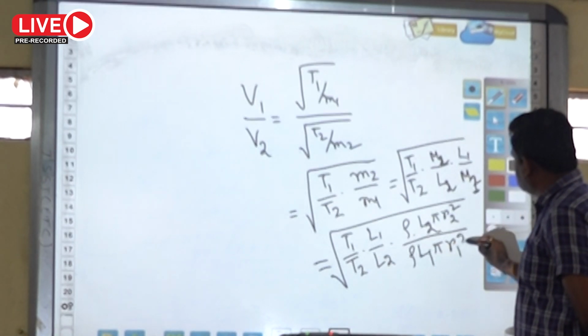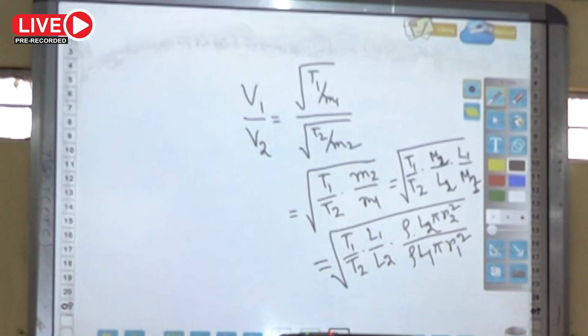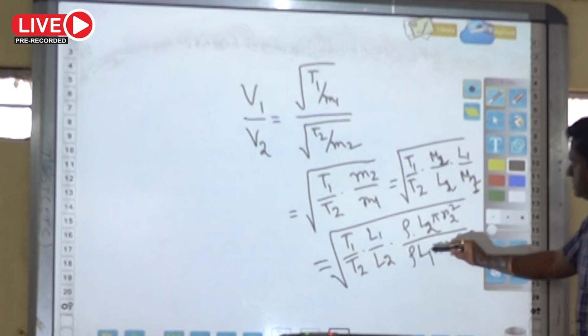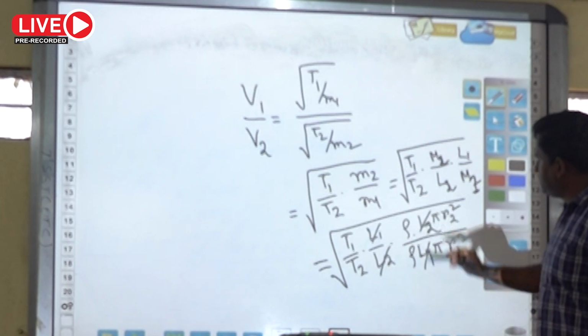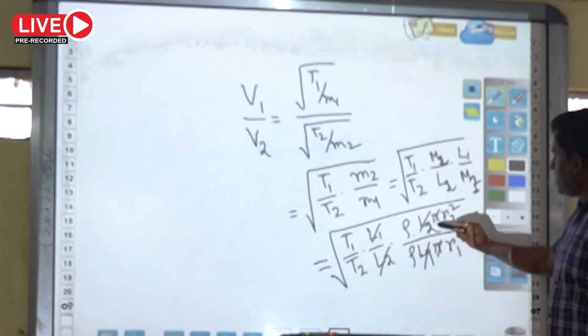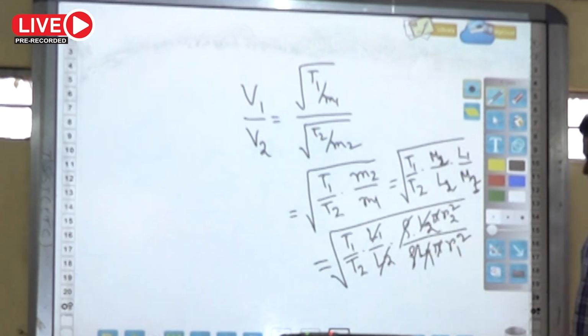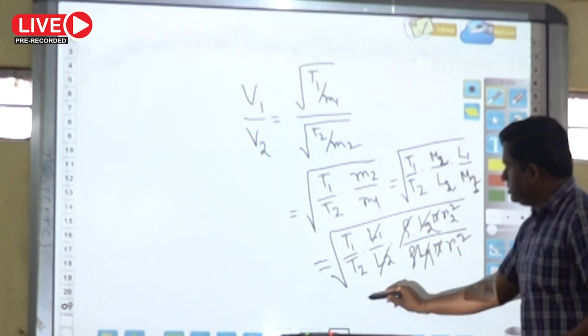Now this L1 cancels, L2 cancels, pi, rho, all this cancels.